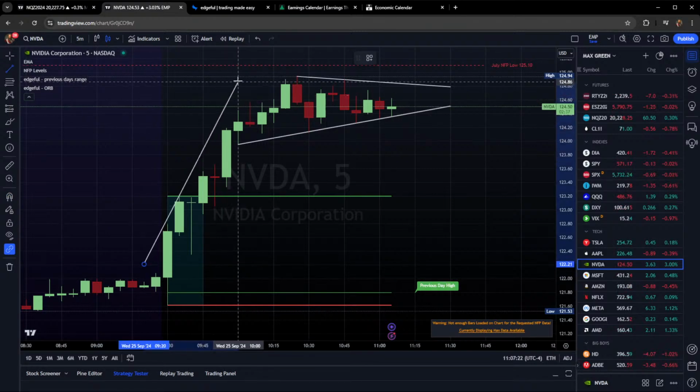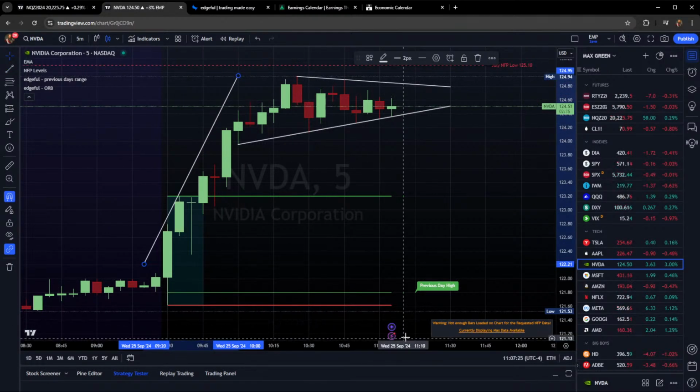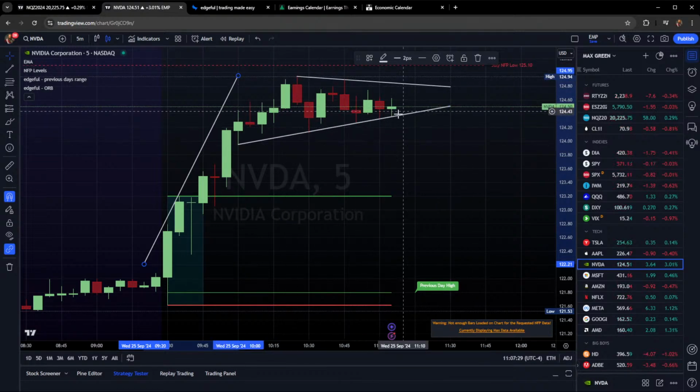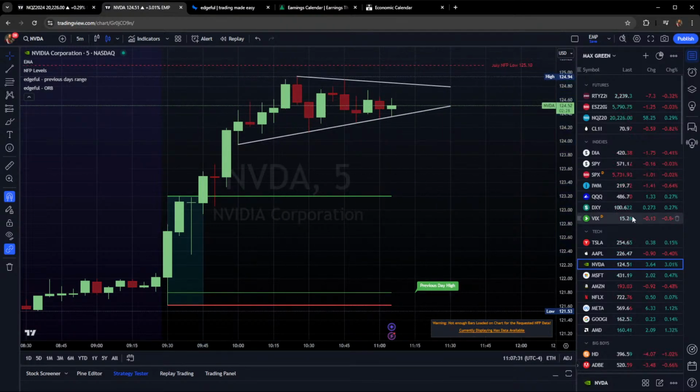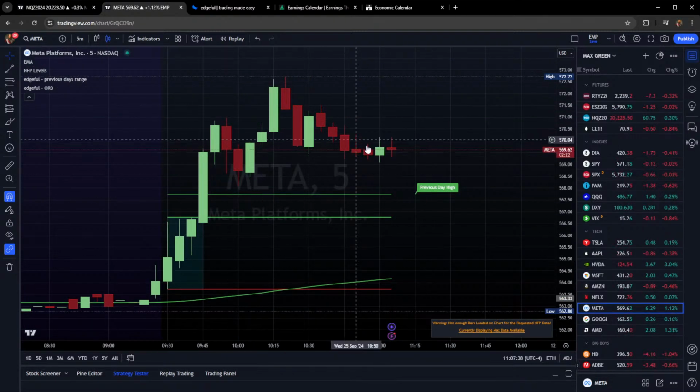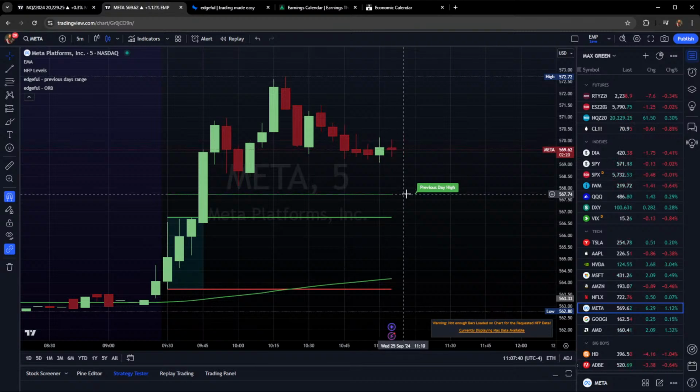Looks flaggy. Until this part down here breaks, this is flaggy. And why wouldn't it be with a catalyst today? Previous day high, still very bullish.